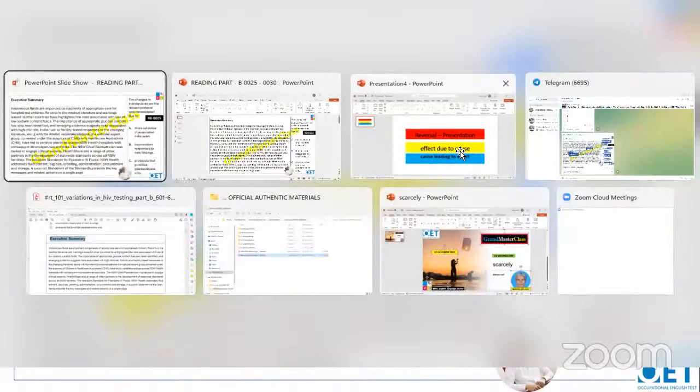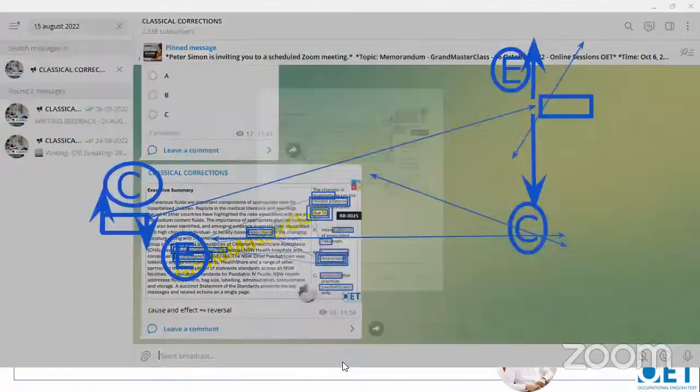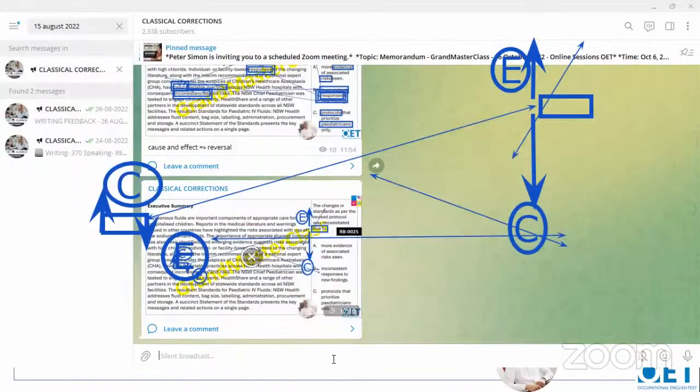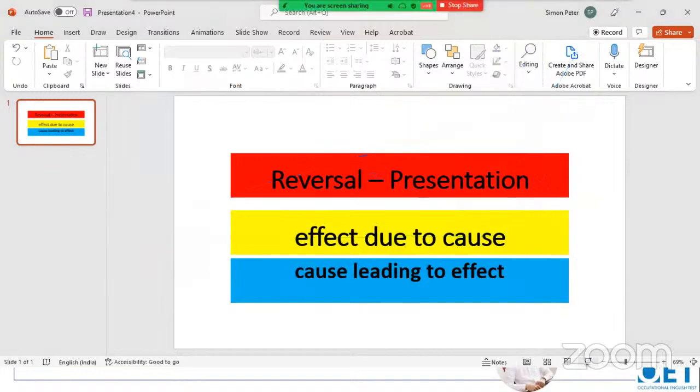So he's only confused you, that's all. So that is reversal. I've shown you. Then this screen also I'll give you there.